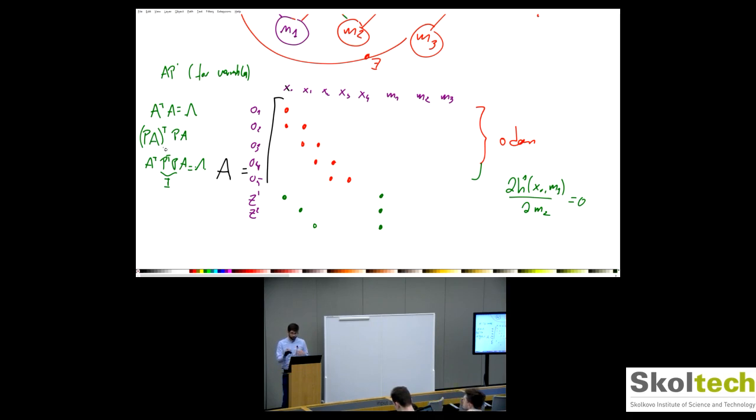If you want to permute both columns and rows, then you need to apply the permutation on both sides, because one side is just shuffling.